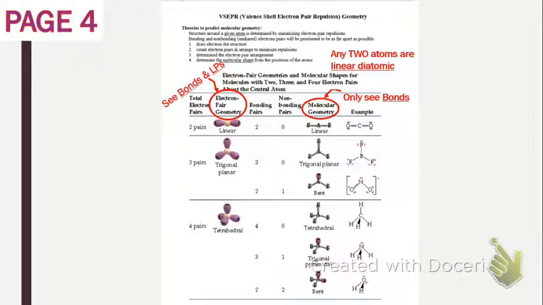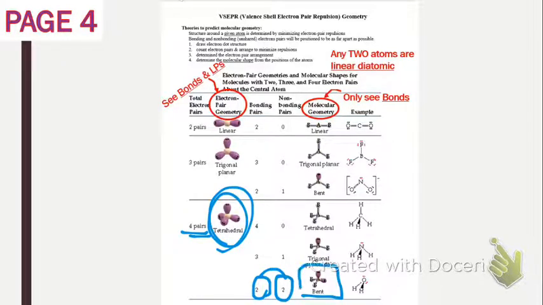And then last but not least, if I have two bonded atoms and two lone pairs, in total I have four groups around my central atom. So the electron geometry is tetrahedral, but the molecular geometry, I can only see bonds, so I'm still only seeing two things, but I've got two lone pairs on those two things, then that's going to be bent.